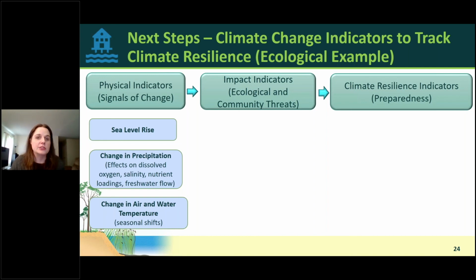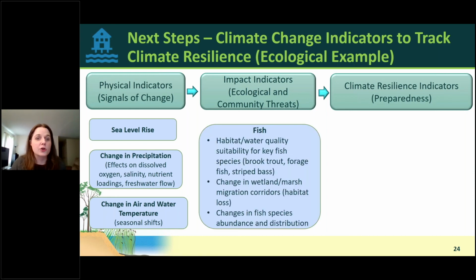But it will be important to connect these to the impacts in order to come up with strategies to be more resilient to these physical changes that are occurring in our watershed. So we've been brainstorming with some other work groups within the Chesapeake Bay Program partnership. There are many work groups who focus on all the different goals we're trying to achieve in the watershed agreement.